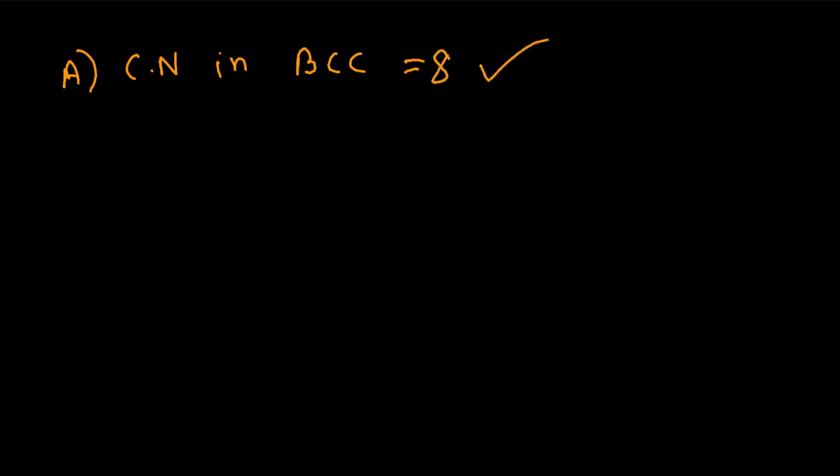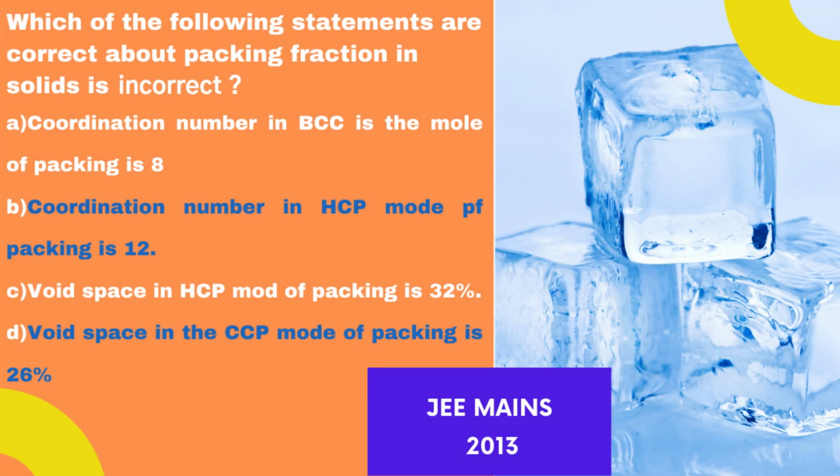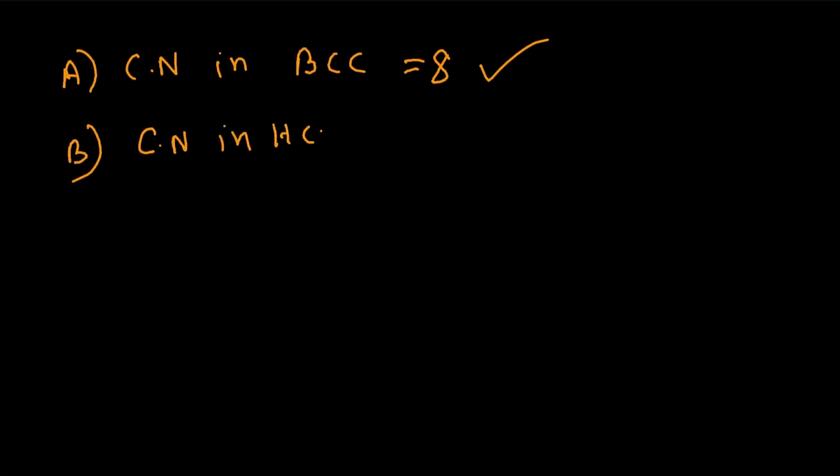And we know this is absolutely correct. The coordination number in the BCC structure is always 8. Option B, coordination number in HCP mode of packing is 12. Now coordination number in HCP, and that is equal to FCC, we know, and that is also equal to 12. So this option is also correct. Mind, you have to find the incorrect statement, not the correct.